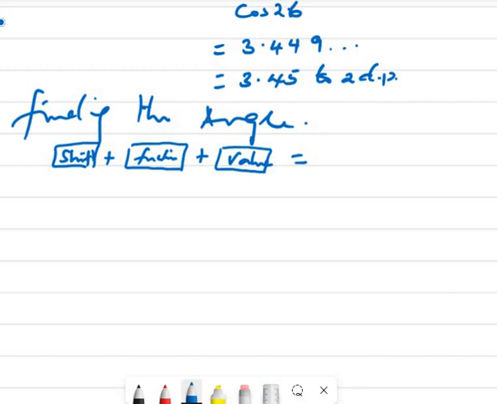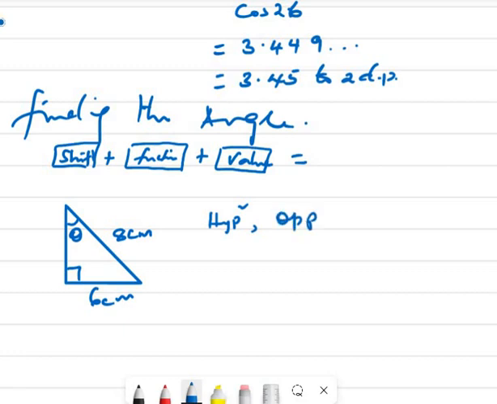For example, if you look at this triangle here, this triangle with 6 centimeters and calling for some angle here, and this one is given as 8 centimeters, then you will see that here the hypotenuse is given, the opposite is given, but the adjacent is not given.